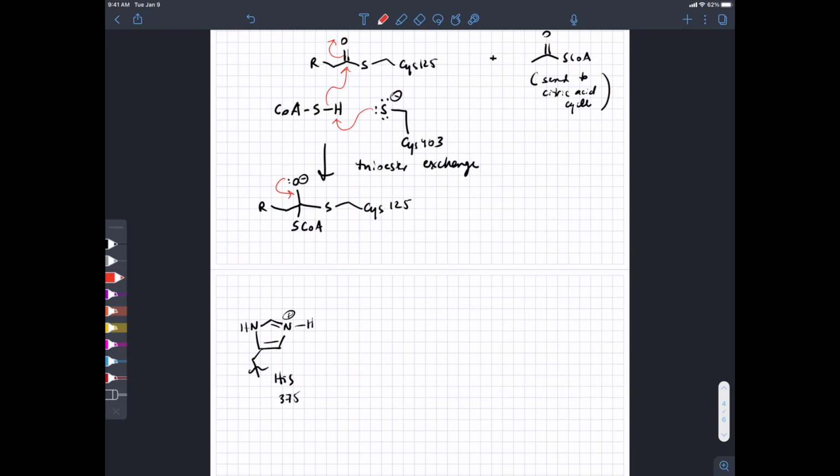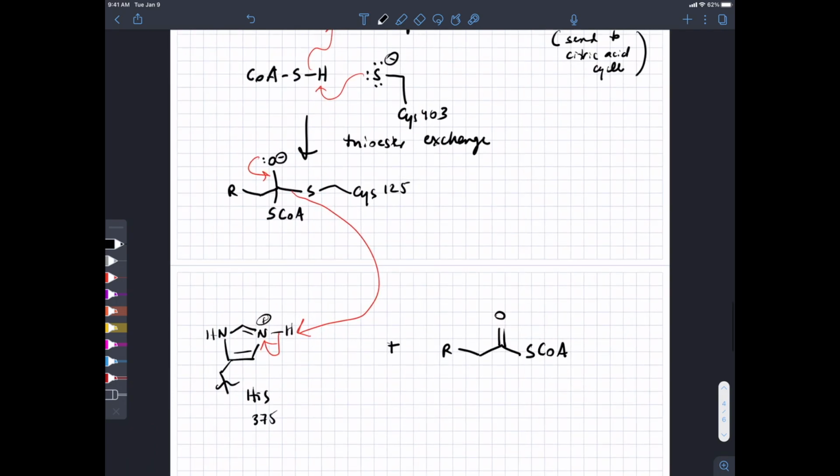I guess I didn't put my arrow in the right place. As that cysteine thiol is leaving, that gets us back to our enzyme starting state, plus we now have a slightly shorter fatty acid truncated by 2 carbon units. And then we will take this back to fatty acid oxidation, or beta oxidation step 1.